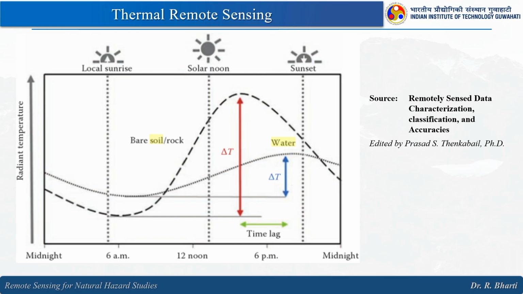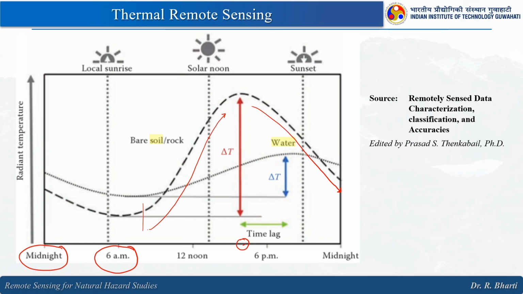You might have observed in day to day life that at midnight we have the lowest temperature, then in the morning it is again reduced, and then slowly when the sun rises, the materials or targets start absorbing the energy, and then temperature will be high in the afternoon, and then slowly it will go down.